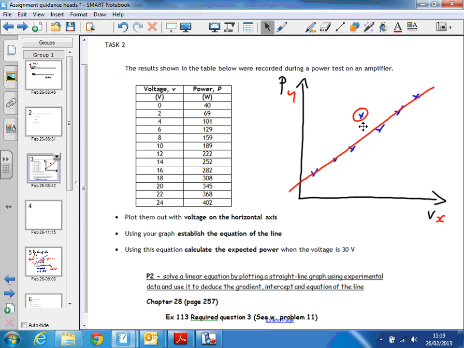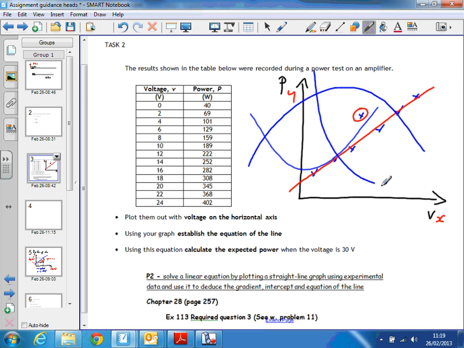So when we get a set of results like this, and we plot a graph and we get a straight line, that's what we're after, actually. We're after a straight line. And next year, we'll be looking at ways to get a set of results that do not fall on a straight line, but might be some sort of curve like that, which is a familiar shape, or a curve like this, or some sort of curve like this.